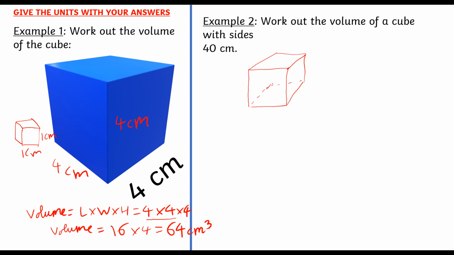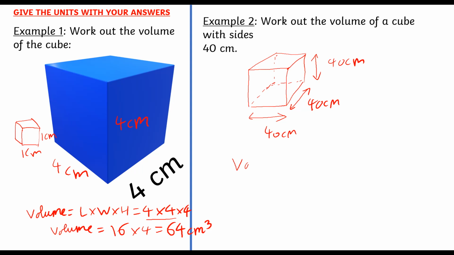All of the sides are equal. So I've got a width of 40 centimeters, a length of 40 centimeters, and a height of 40 centimeters. It doesn't really matter what we label them as. We just know the 3 measurements are 40 centimeters.